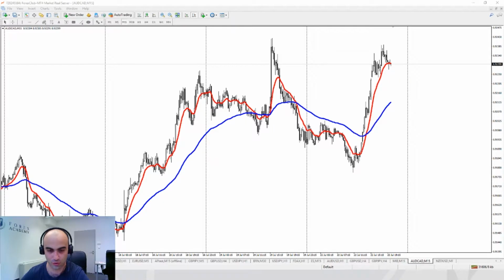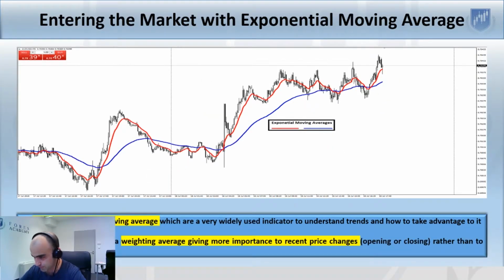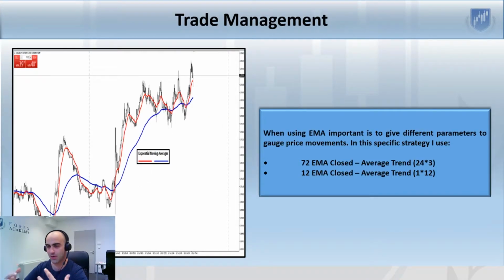Well, let's move on with the presentation and go much deeper within the strategy I want to introduce to you today. We look closer at the EMA, however, now the trade management of this strategy.